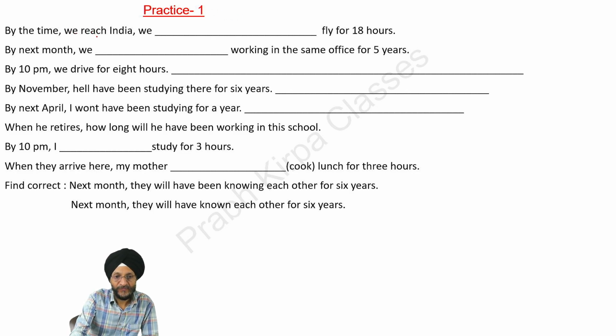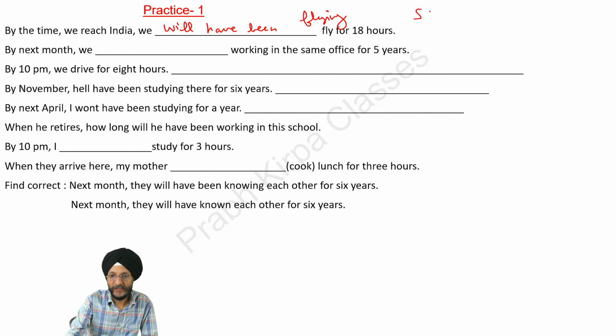By the time we reach India, we will have been flying. As you see, in this sentence we have to follow subject plus will have been plus verb first form plus ing plus rest of the sentence.